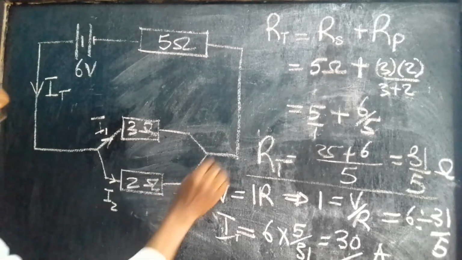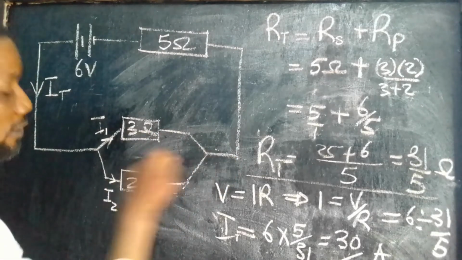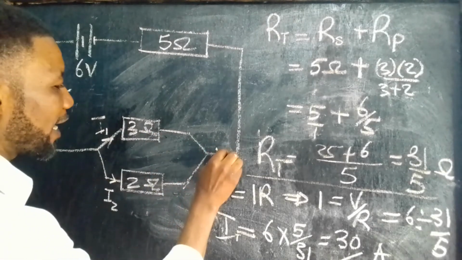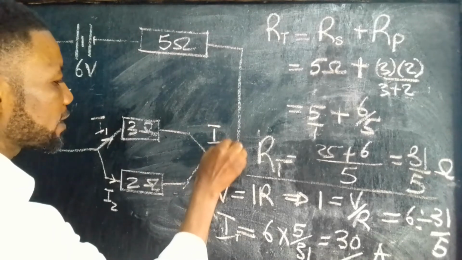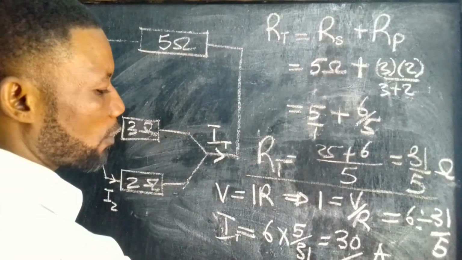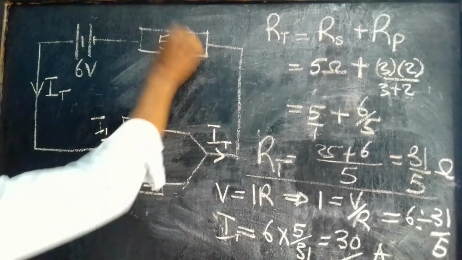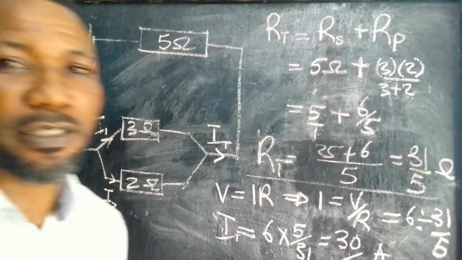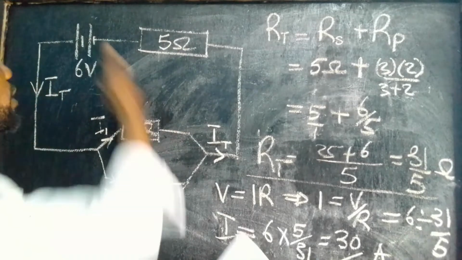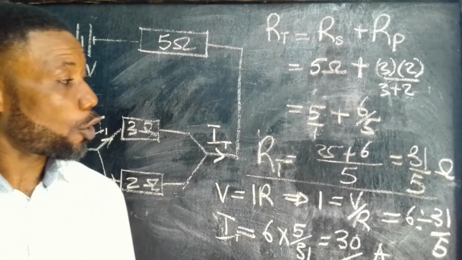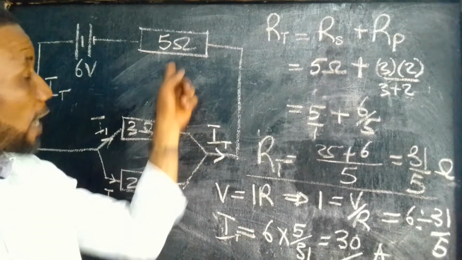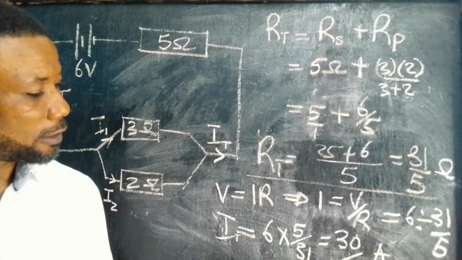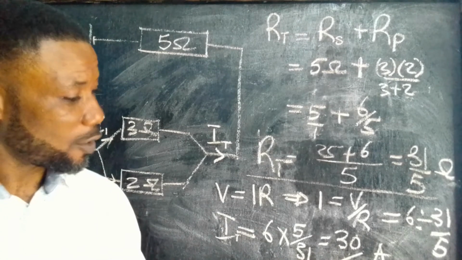Now when it goes through these resistors, it will recombine again to give us IT. So this 30 on 31 amperes is the current flowing through. It's all going to flow through the 5 ohm resistor because it is in series with the cell. So the current flowing through the 5 ohm resistor is 30 on 31.